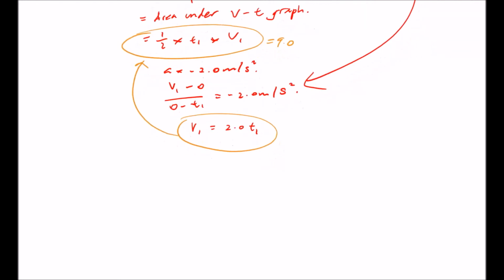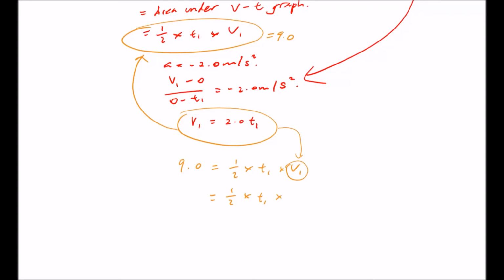If you do that, 9.0 equals half times t1 times v1, right? This is equal to half times, we want to keep the t1 because that's what the question wants you to find. So you substitute the relationship into v1. So this is half times t1 times 2t1.